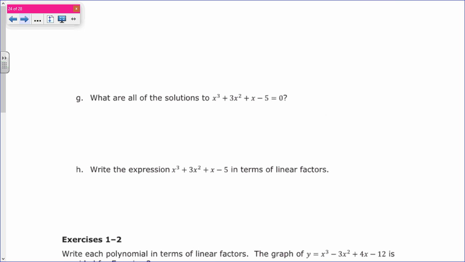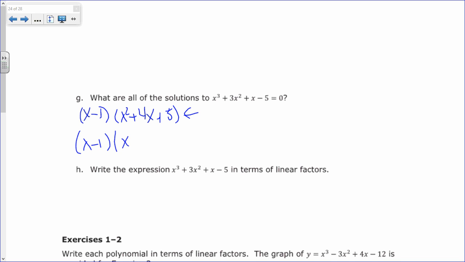What are all the solutions? We had x minus 1 as a factor, and we also had x squared plus 4x plus 5. If you remember, this was in one of the opening exercises, and instead of redoing all that work with the quadratic formula, I'm just going to write out the factors.